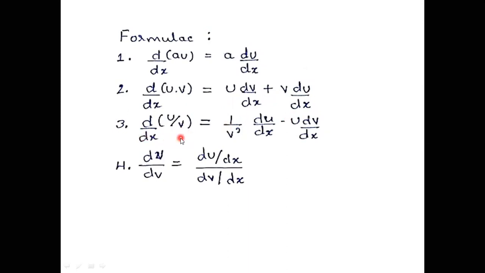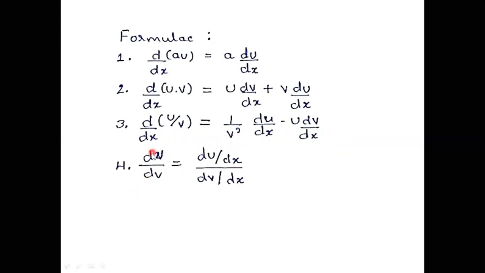Next, see this formula. It's in the quotient form, that is, divide form. Next, we can write 1 by v squared times (du upon dx times v minus u times dv upon dx). The standard form is 1 by v squared into the differentiation of the first term times the second, minus the first term into the differentiation of the second term.